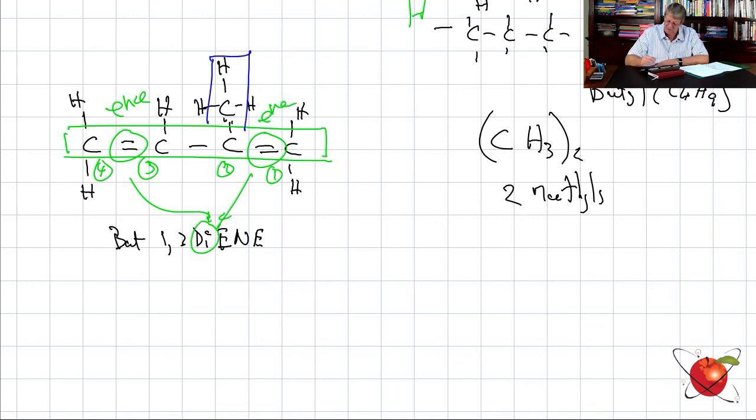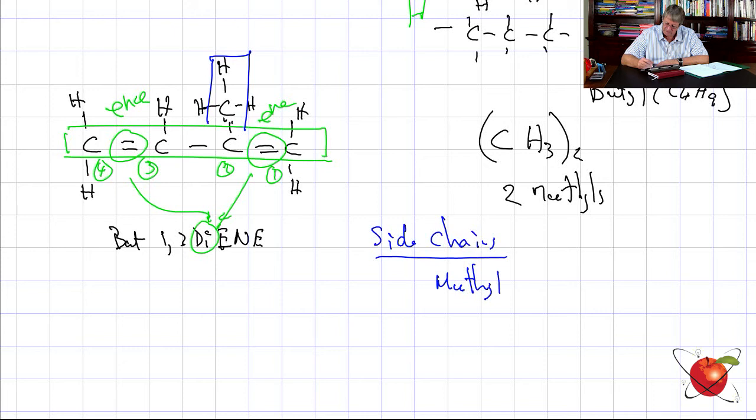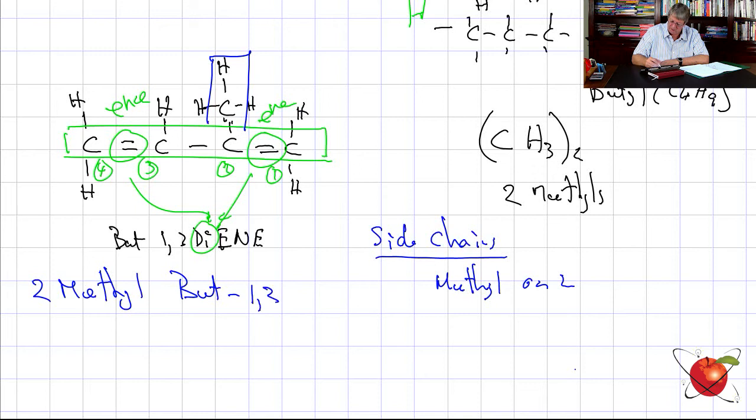I have a little column here for side chains, and I have a methyl on 2. So therefore it becomes 2-methyl bute 1,3-diene.